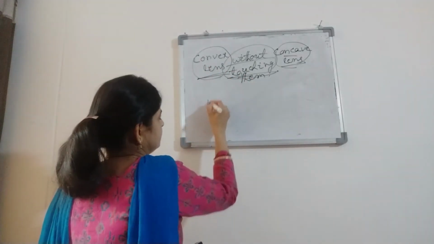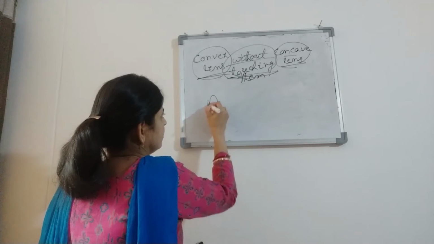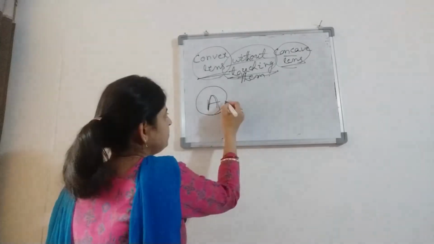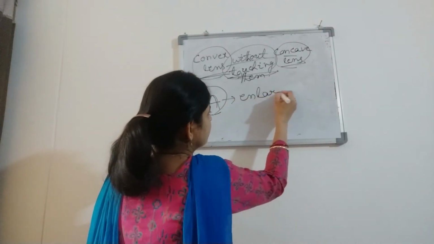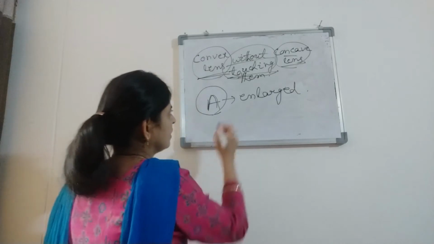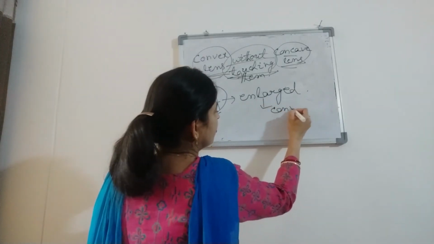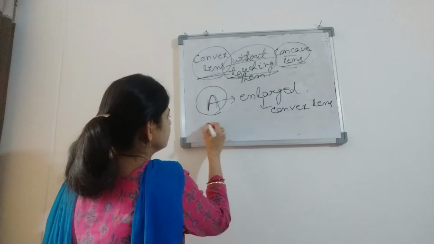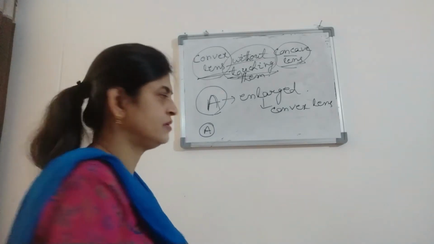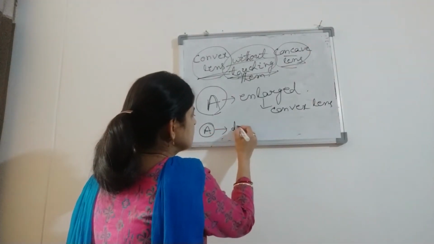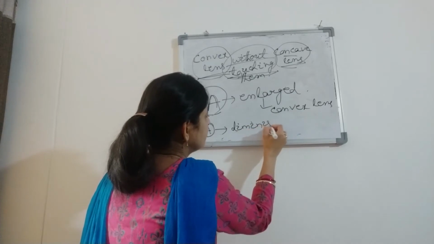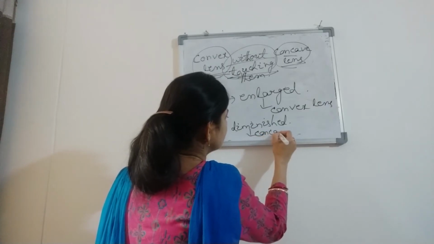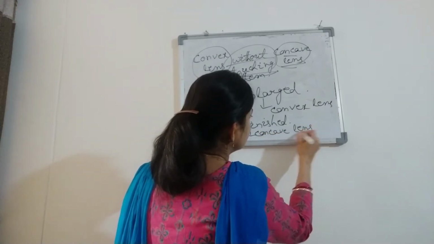For example, suppose we are considering the alphabet A. If it appears enlarged, then this is your convex lens. And if it is seen in this form, that means diminished or very small, then this is your concave lens.